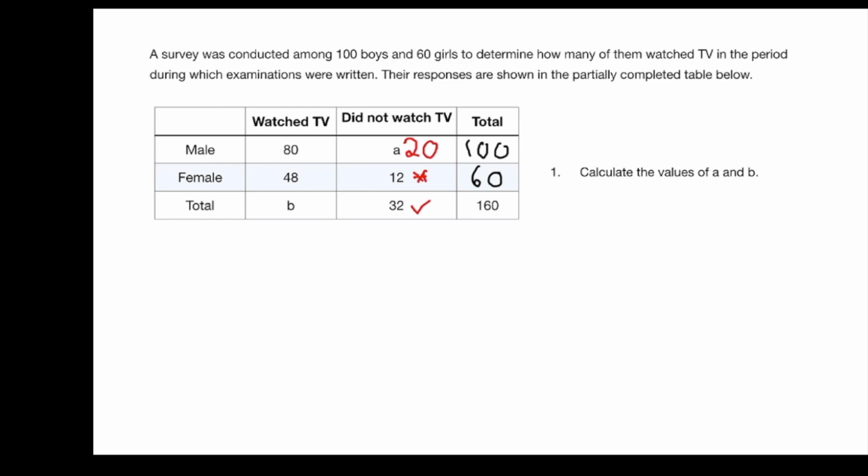Then B is the total for the number of learners that watched TV. So we need to add 80 plus 48 to get B. And so we will get B is equal to 128. Once again, the 128 could be found by subtracting 32 from 160. Okay, so A is equal to 20. You need to write it down somewhere. And B is equal to 128.